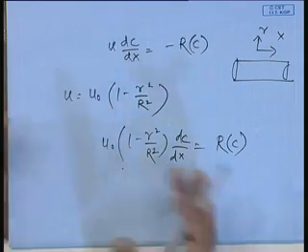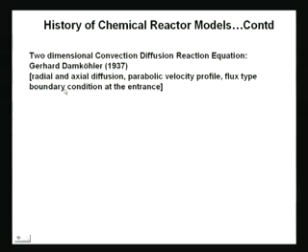So, the only way of being able to incorporate a radial velocity profile is to actually go for a two-dimensional description, which is what Damköhler did. He went for a two-dimensional description, and as a result he could incorporate the parabolic velocity profile. He included radial and axial diffusion, and he included the flux type boundary condition.